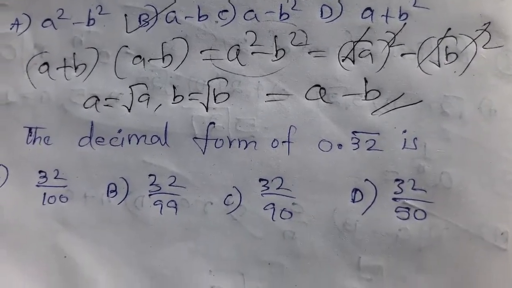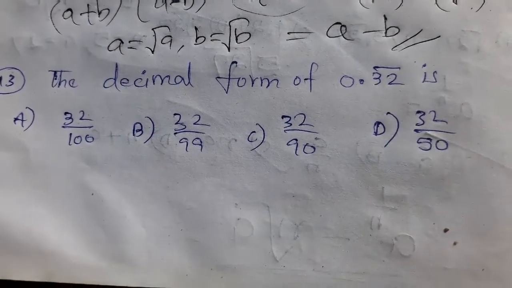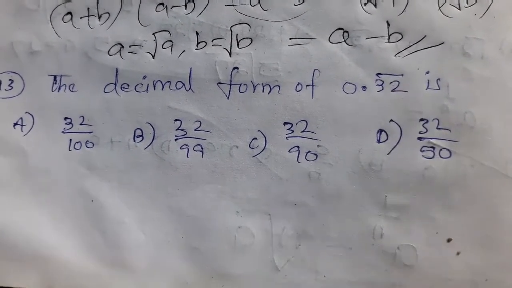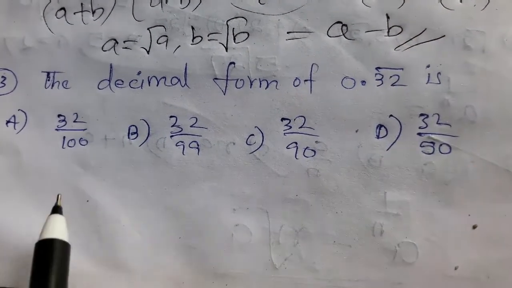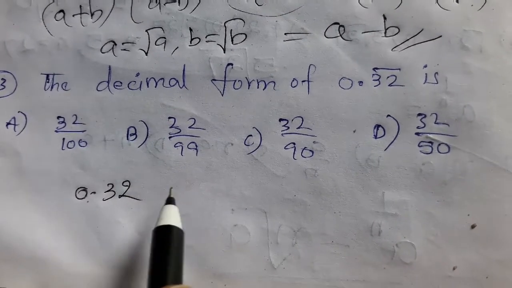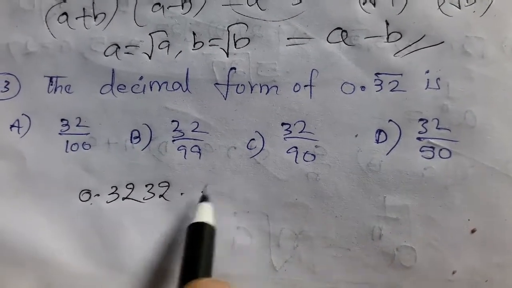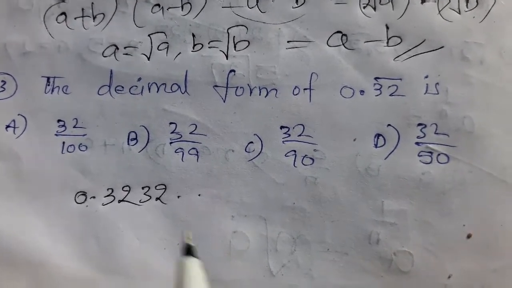Now move to the next question. The decimal form of 0.32 bar is given. This means 0.32 bar is 0.3232, like that. Already we discussed this in the problems section.